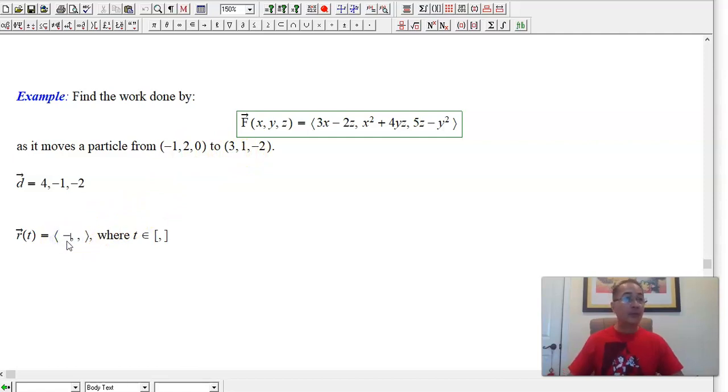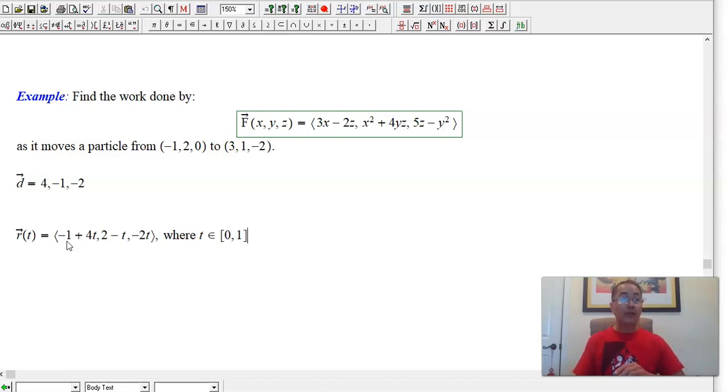So we'll go -1 plus 4t, and then we have 2 minus t, and then finally we have 0 minus 2t, which of course we can just write as minus 2t. You remember the domain? t goes from 0 to 1.